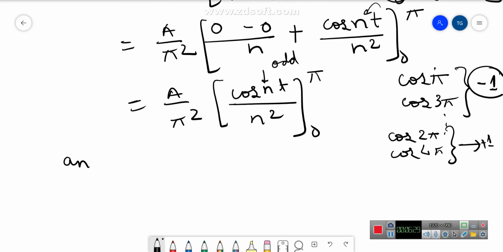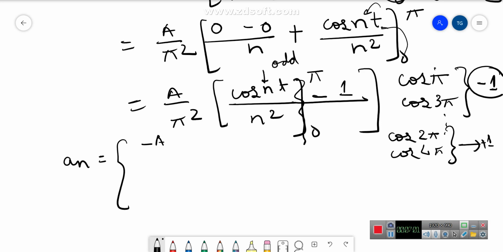So we can write an is equal to A by pi square times cos n pi minus 1 by n square. When we substitute cos 0 here, this will be 1.